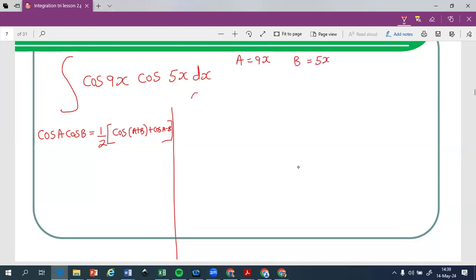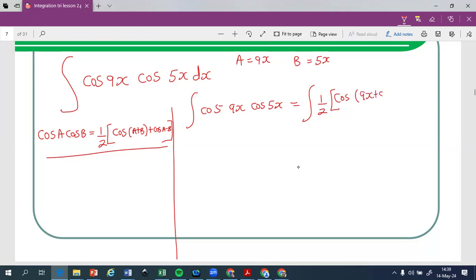So the integral of cos 9x cos 5x is equal to the integral of a half cos of (9x plus 5x) plus cos of (9x minus 5x), everything times dx.